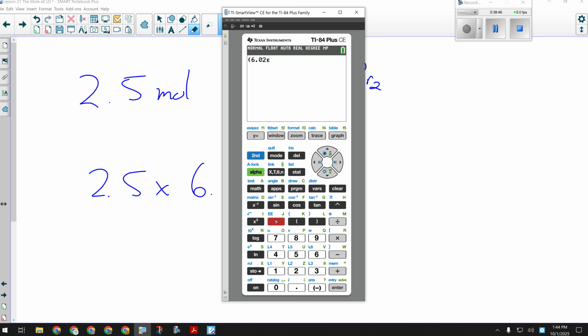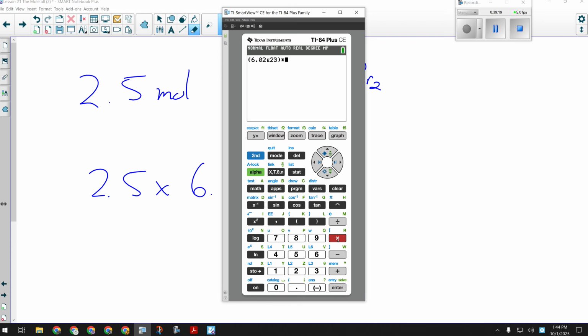But that means times 10, and the next number you enter is the exponent. So I would go 6.02 E23. If you have a different kind of scientific calculator, you may have an EE button or an EXP button. That does the same thing. Those are the buttons you need to look for. If you can't find one on your calculator, let me know. If you have the TI-83, it's second, double E's, then 23.